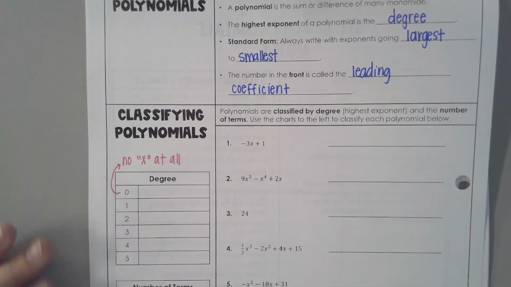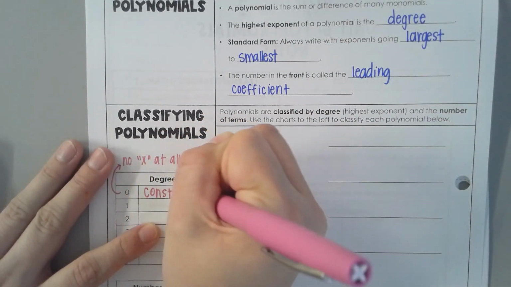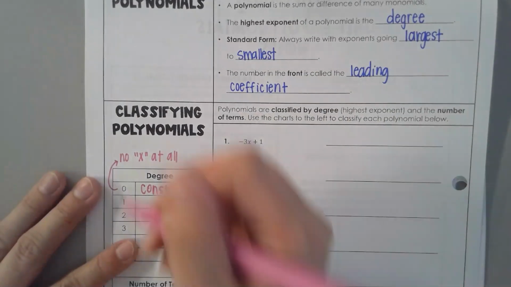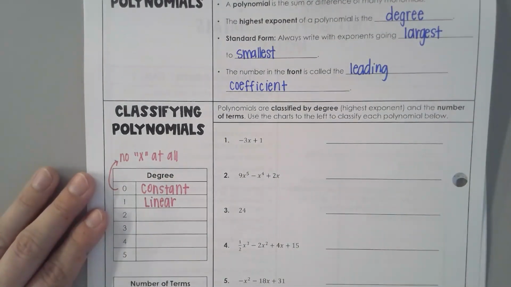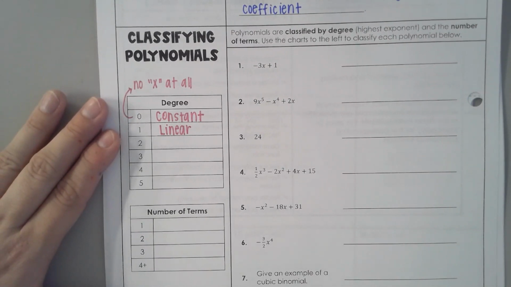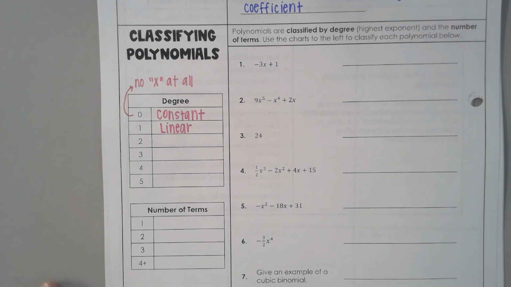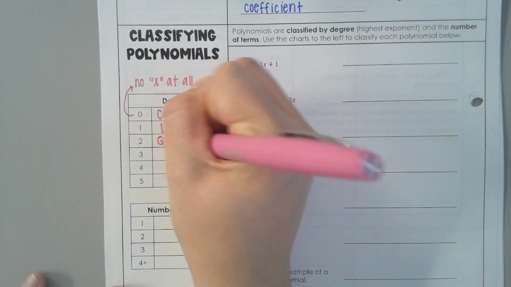We give it the name constant. If the degree is 1, we say that it is linear. If the degree is 2, we say that it is quadratic.